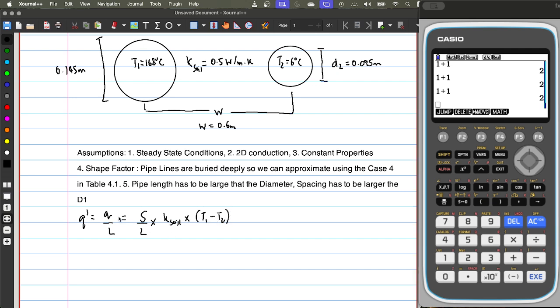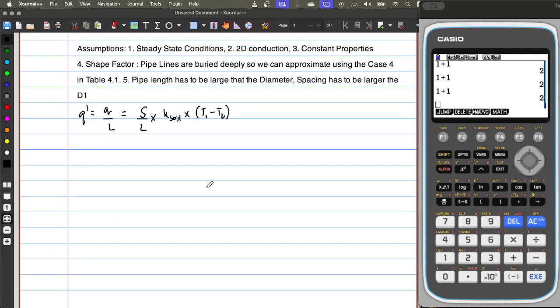To find the shape factor of case 4, that's given to us as 2 pi L all over cosh inverse of (4W squared minus D1 squared minus D2 squared) all over 2 D1 D2.